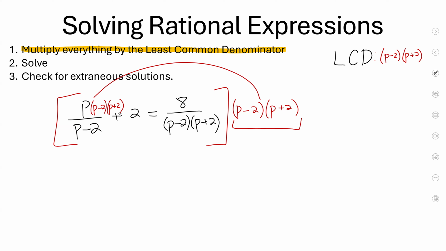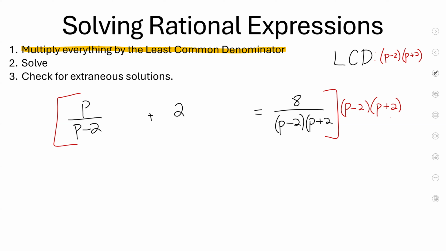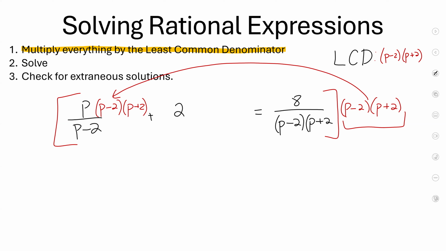I'm going to make more space. So guys, look, I'm going to multiply this by this first one. So I'm going to multiply it in. I'm going to multiply this by this middle one. So it'll be 2 times p minus 2 times p plus 2. And then multiply it by here. P minus 2, p plus 2. Okay, so I multiplied it in, so it's no longer out here.